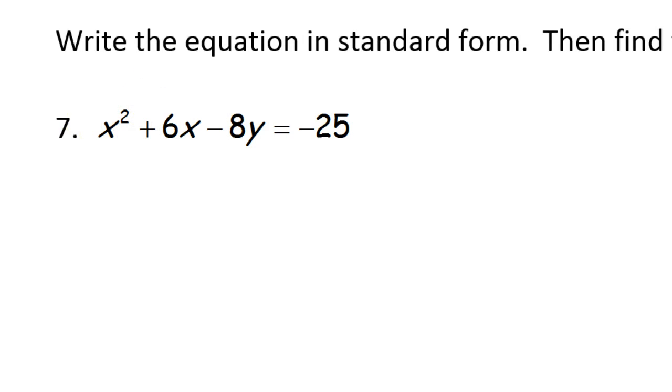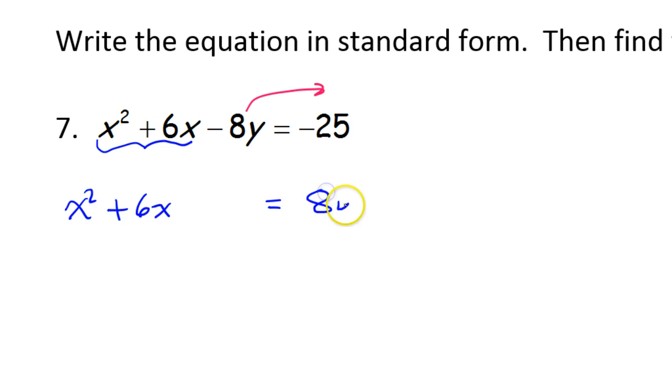So because the x is squared, I'm going to keep these terms over here on the left, but I'm going to move this over to the right. So that's going to give me x squared plus 6x, I'm going to leave space to complete the square, is equal to positive 8y minus 25. I had to add 8y to both sides, so positive 8y.